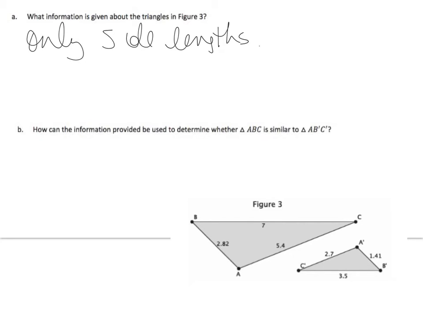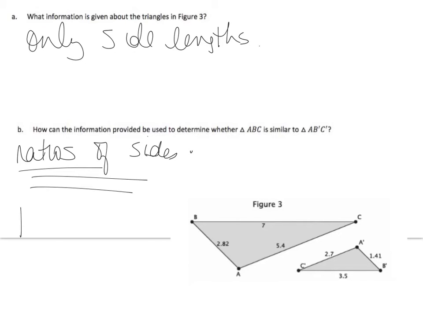How can the information provided be used to determine whether triangle ABC is similar to triangle A prime, B prime, C prime? Well, we're going to have to check the ratios of sides, and we can't always assume that the sides are corresponding in the right order, but we can check the proportionality of the sides.